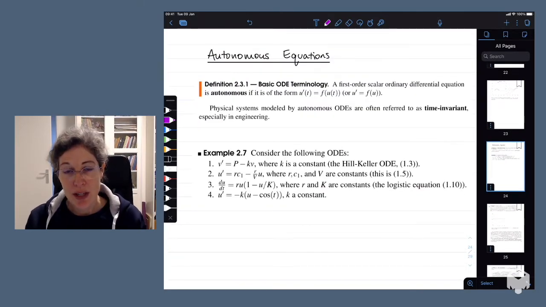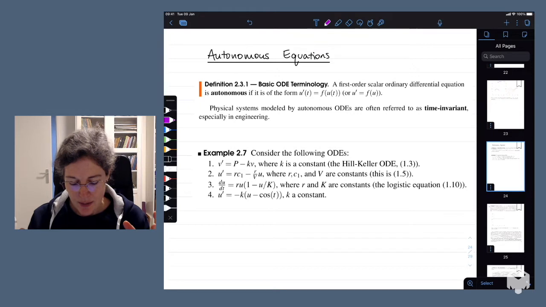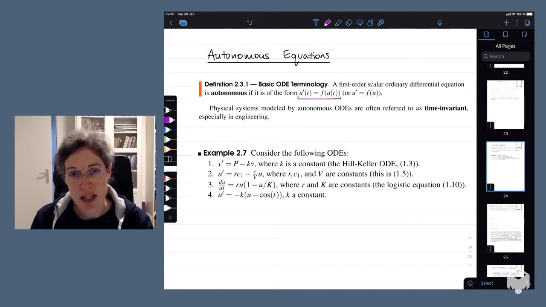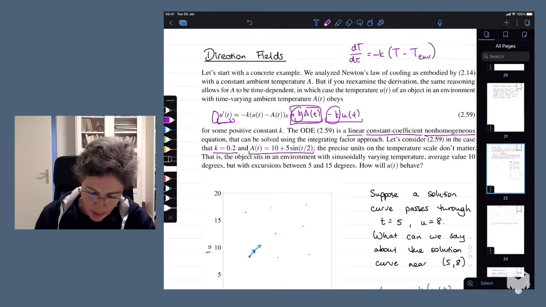Okay, so we can actually go a little bit further than this sort of analysis with a particular kind of differential equation called an autonomous equation. So we've seen all kinds of differential equations. This particular type, autonomous, has this form here, where we don't have t mentioned explicitly anywhere.